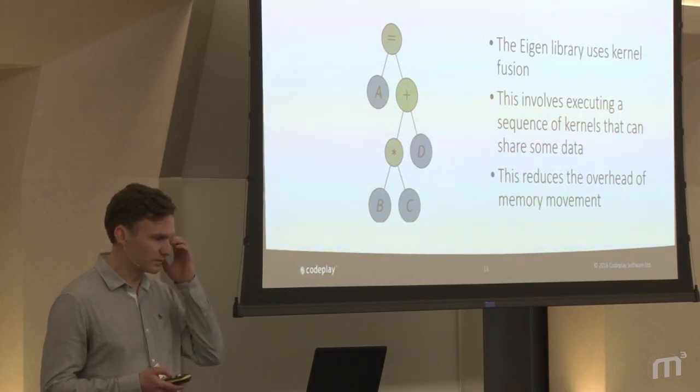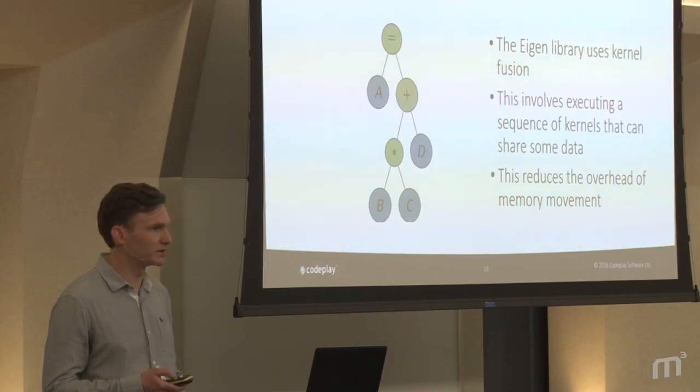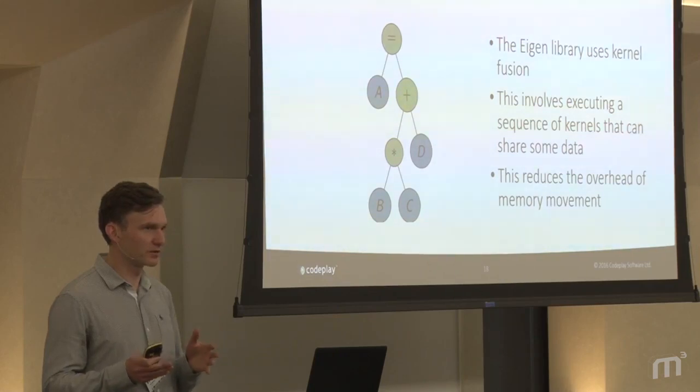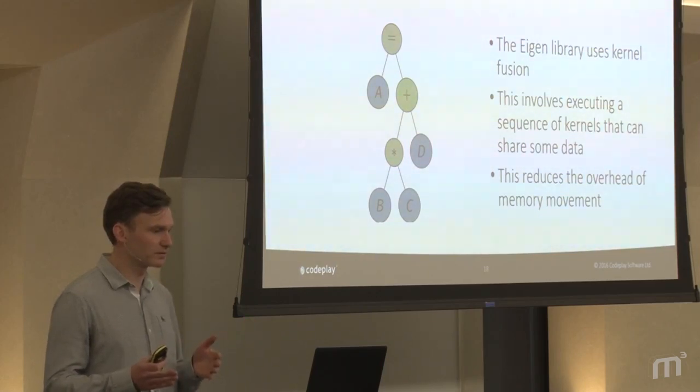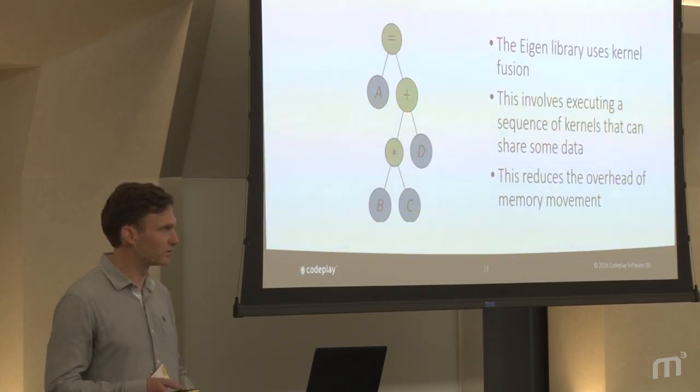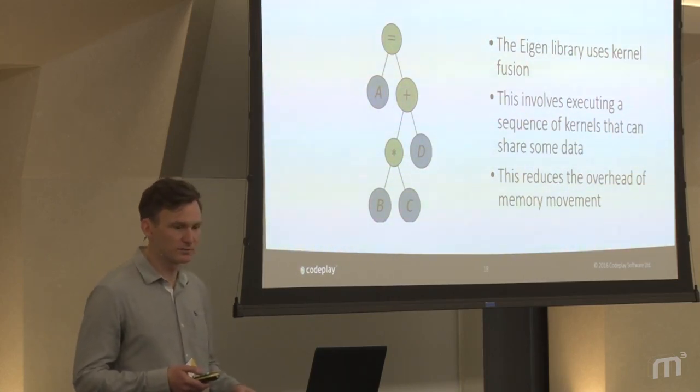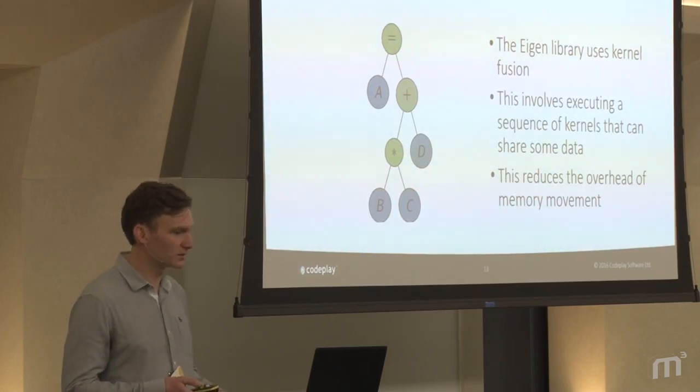One of the other things to bear in mind is that it's not just the execution of the calculations that costs time and processing effort. There's also the effort of putting things in and off the processor as well. So this is memory movement. The memory movement can often be slower than the actual calculation that's performed on the cores.